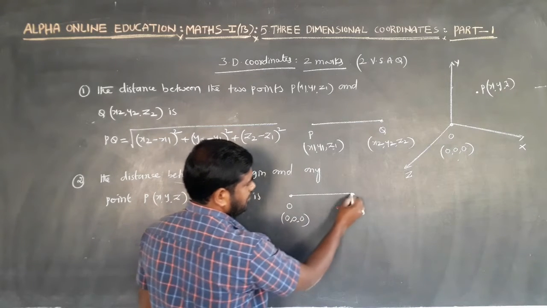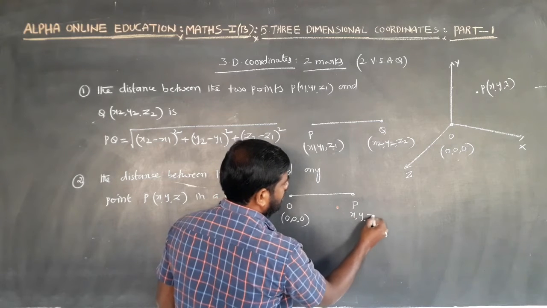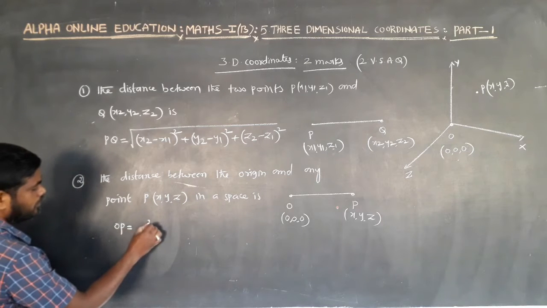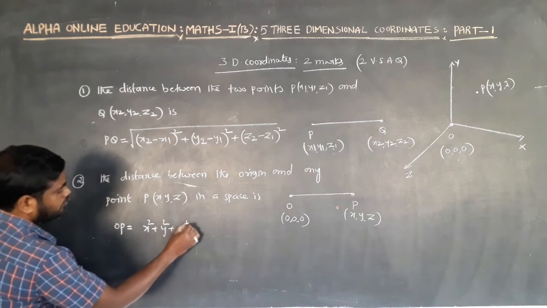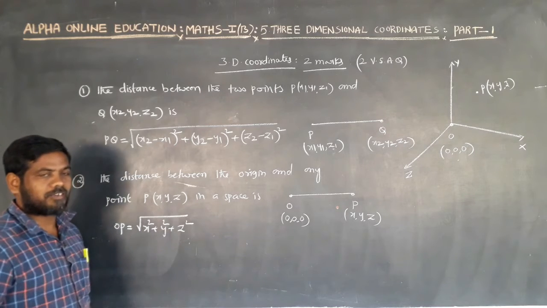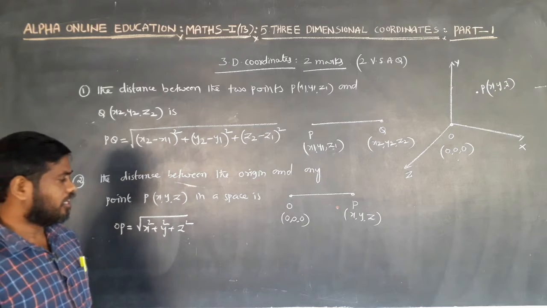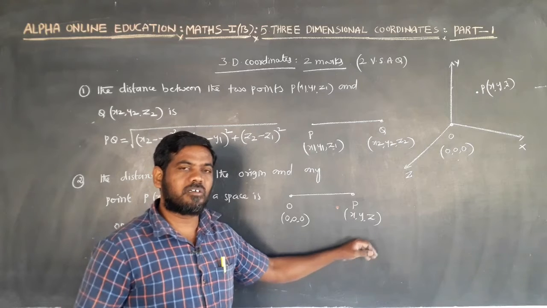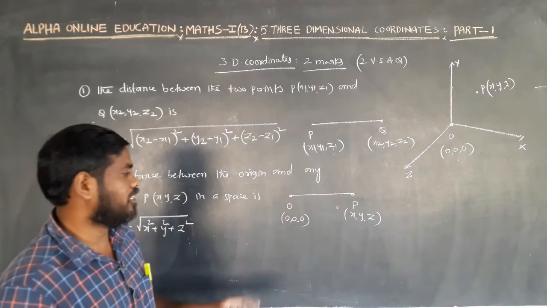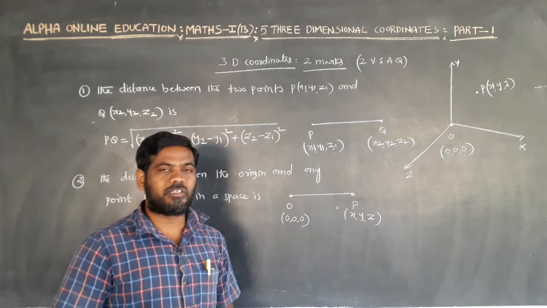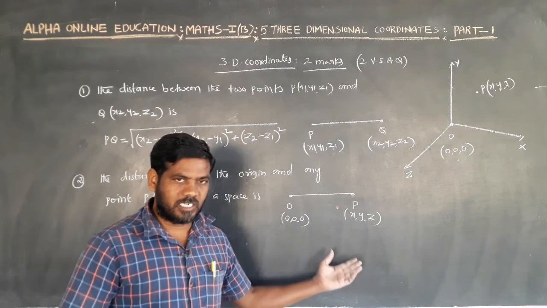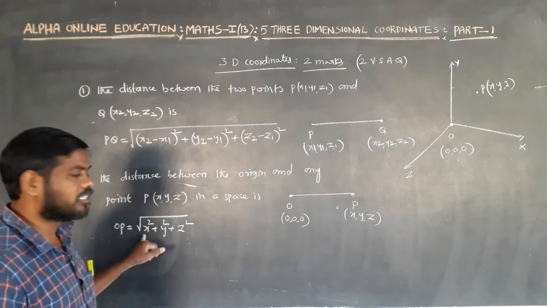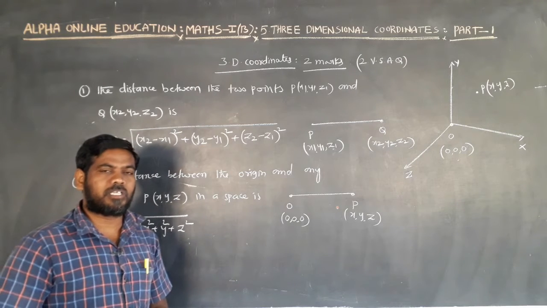First point is the origin and the other point is P(x, y, z). OP is equal to under root of x square plus y square plus z square. This is the distance between the origin and any point P(x, y, z).